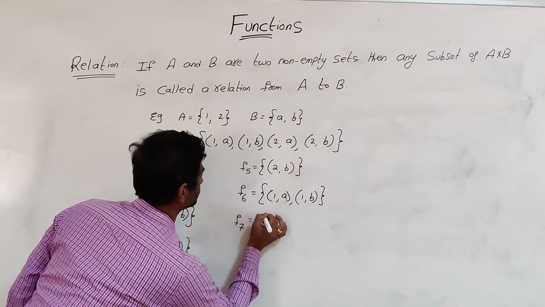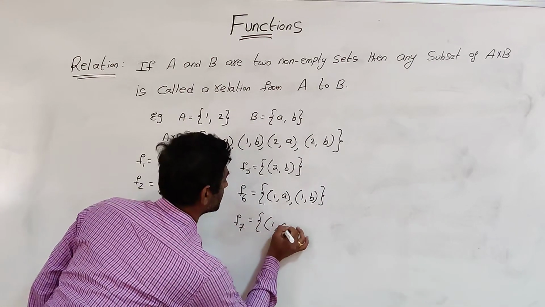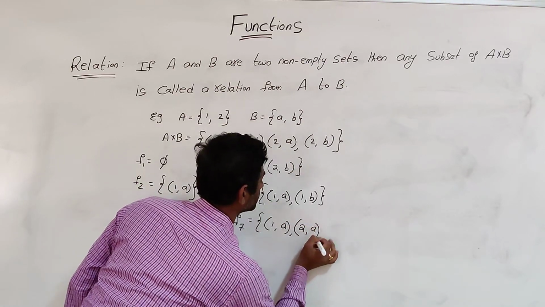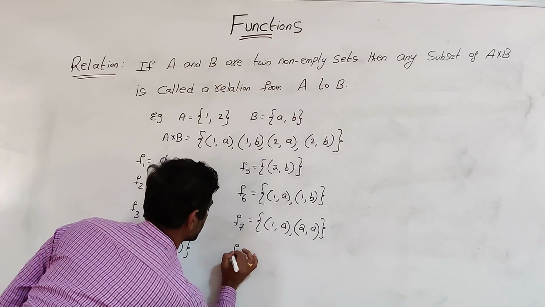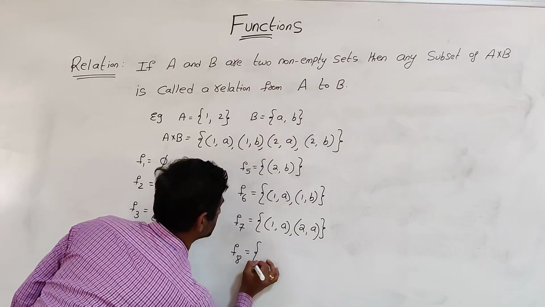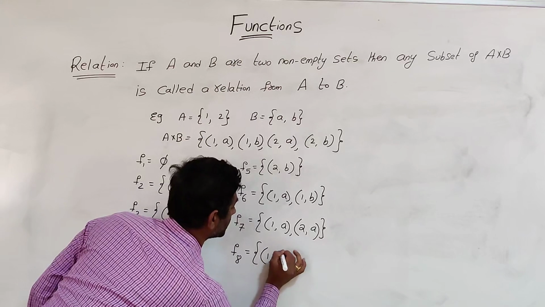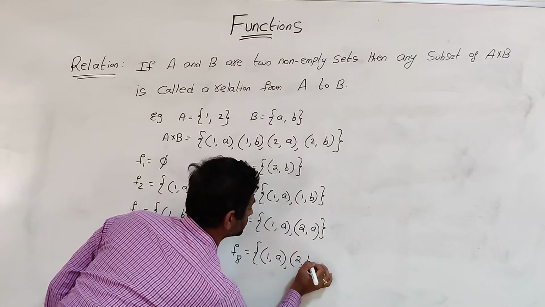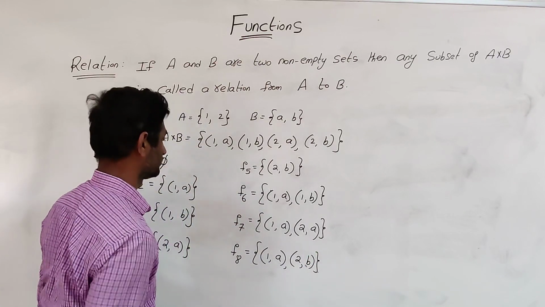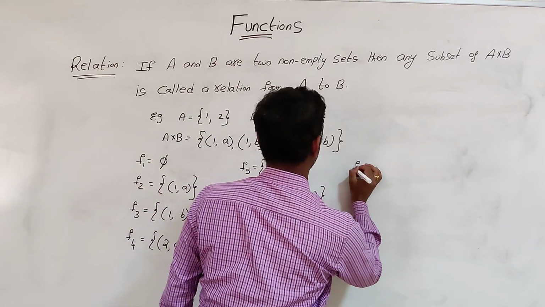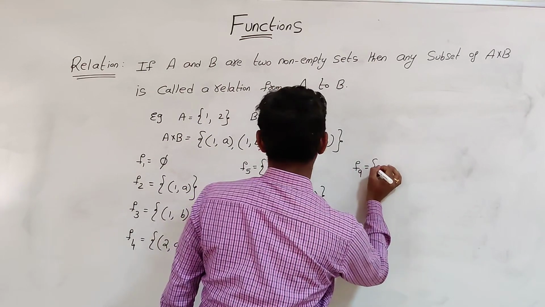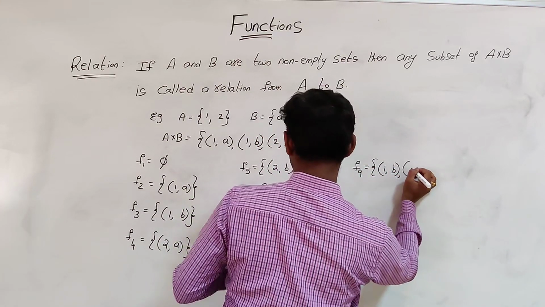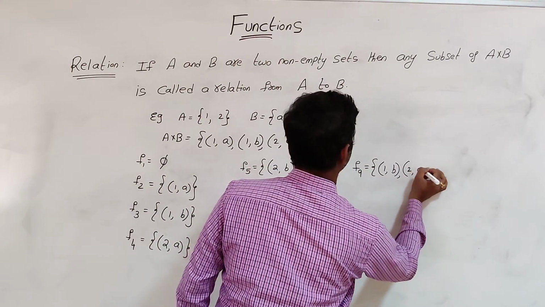F7: (1, a), (2, a). F8: (1, a), (2, b). F9: (1, b), (2, a).